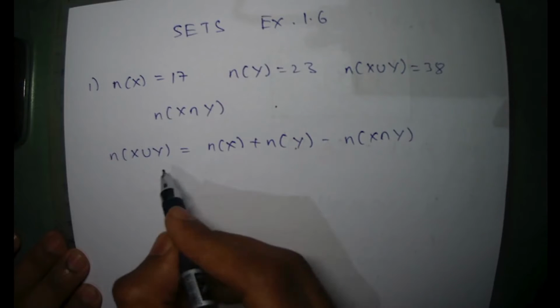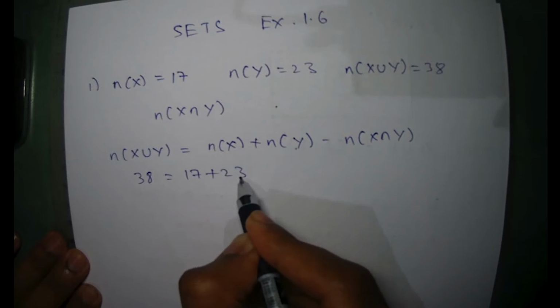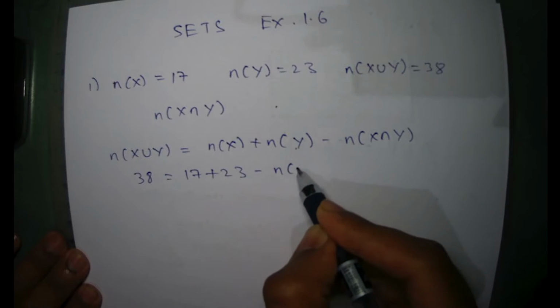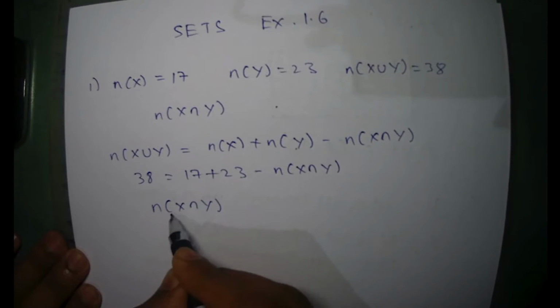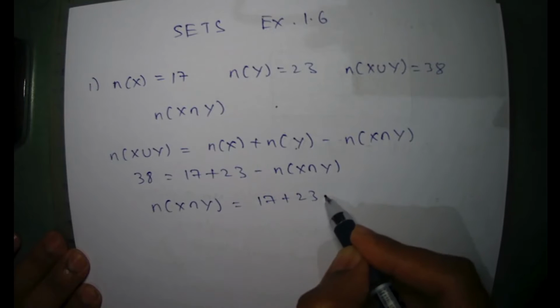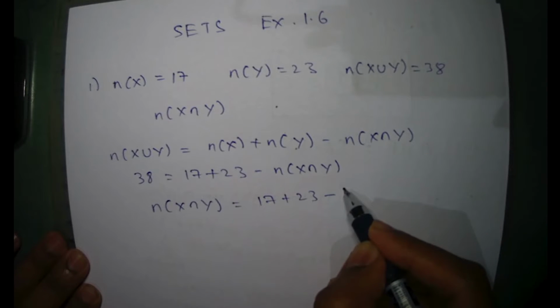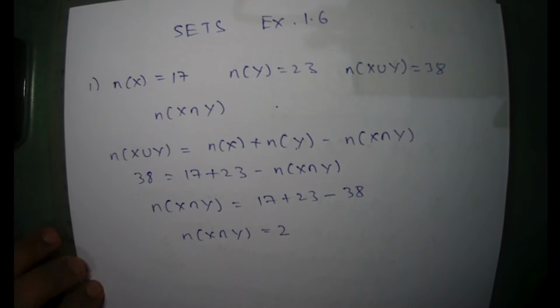So we just replace it here. We have 38 is equal to 17 plus 23 minus n(X intersection Y). So if we bring this side, n(X intersection Y) will be 17 plus 23 minus 38, which is nothing but 2. So the number of terms in X intersection Y is 2.